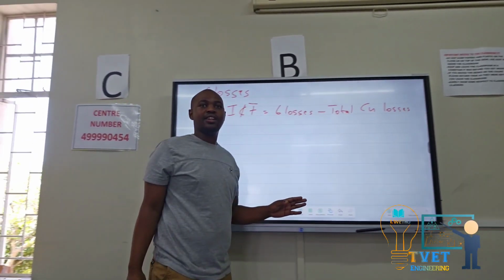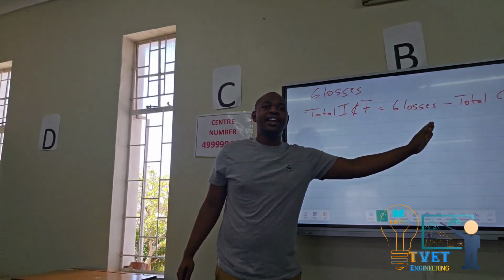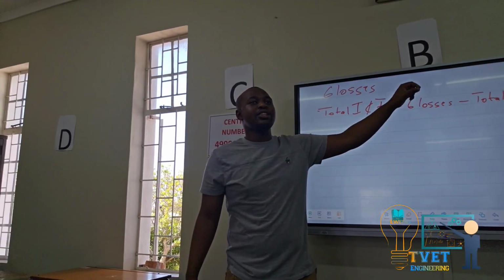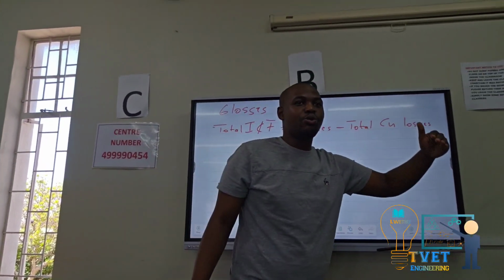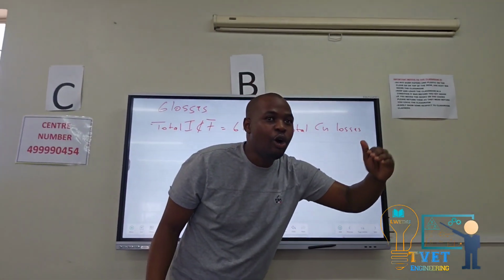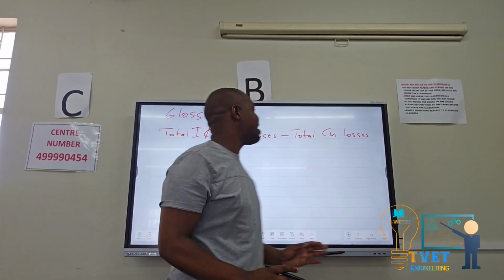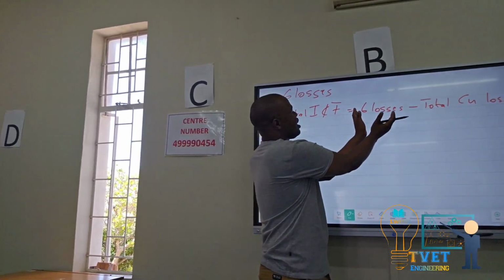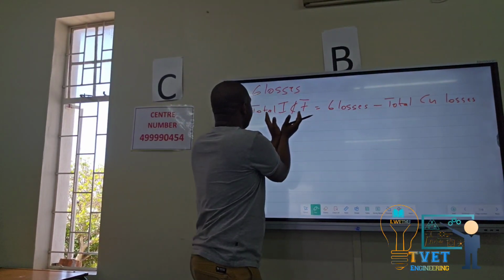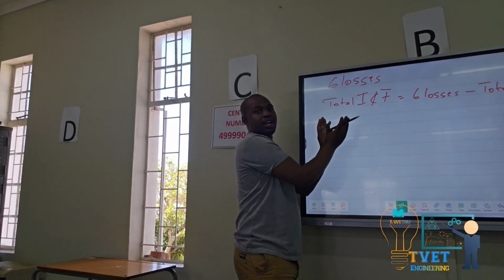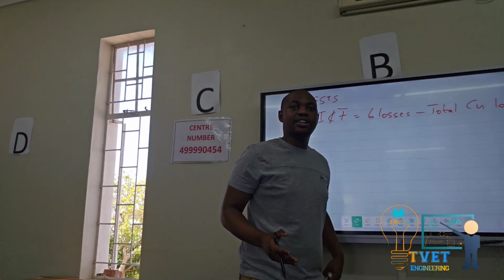So we subtract the total copper losses from the total, and we find the total iron and friction loss.